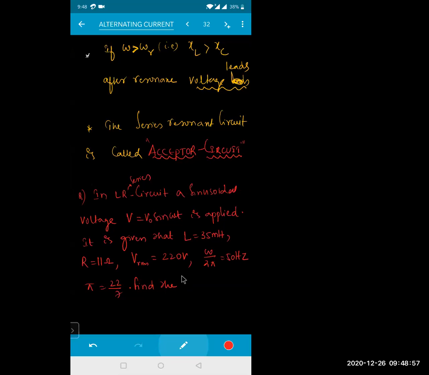Find the current amplitude. Current amplitude means what? Peak current.